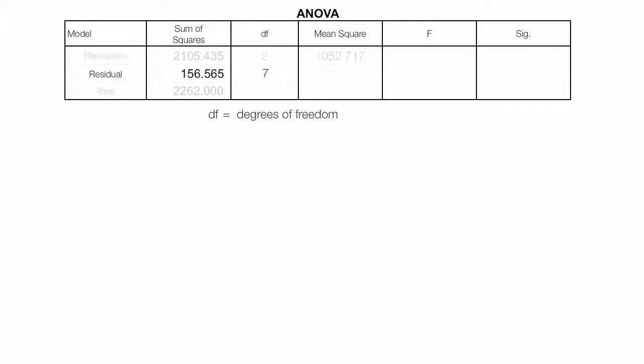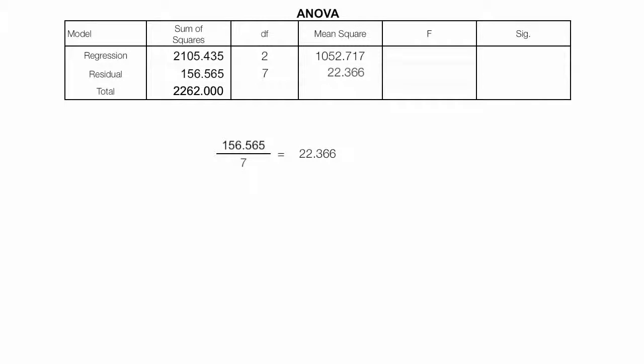Keep that in mind. Now I take my residuals and divide by degrees of freedom, which is 7. And this is equal to 22.366, and that's my mean square. And it turns out that if I take these 2 degrees of freedom and add them together, that gives me my total degrees of freedom.